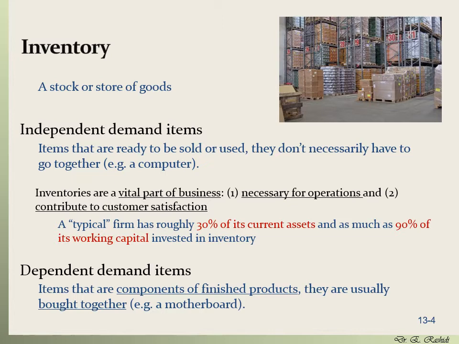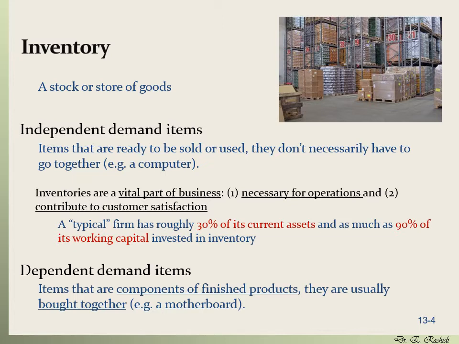There are two general types of items that can define inventory. We can have independent items and we can have dependent items. Independent items are those items that can be sold or used independent of each other, for example, a computer.